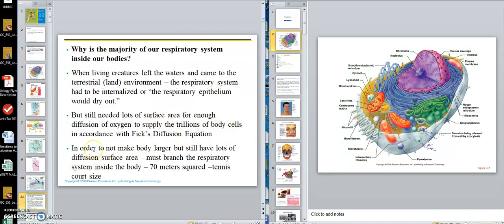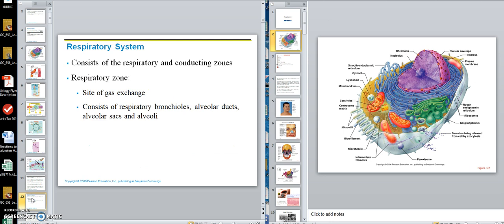If we went inside you and laid out side by side all the little surface area you have inside the lungs and associated structures, it would come to about the size of a tennis court. So you have a lot of surface area. And we're going to talk about this diffusion equation a little bit later so you can see what I'm talking about. Okay? So that's the purpose.